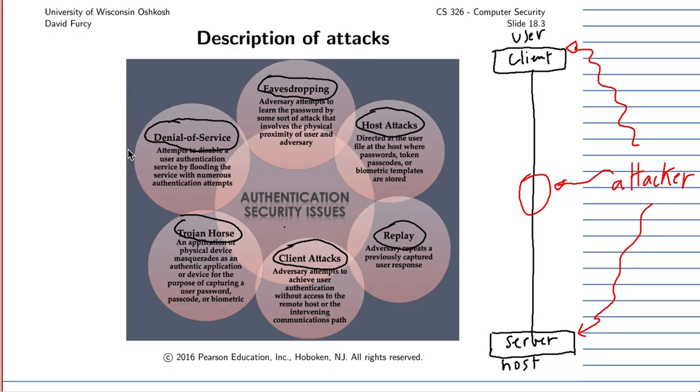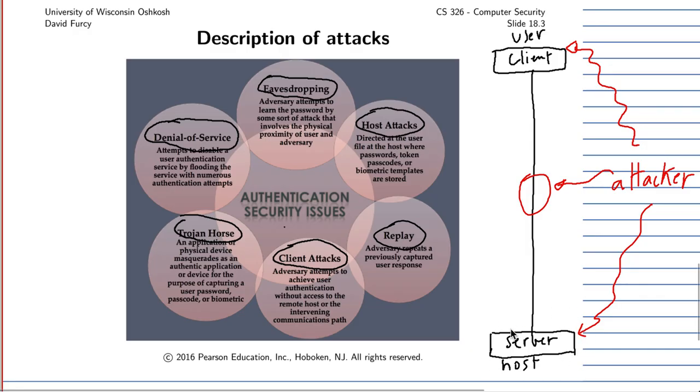And so a couple of ways to do that would be first to flood the host or the server with so many authentication requests that the server is overwhelmed and either shuts down completely or is so slow that no actual user can authenticate themselves.